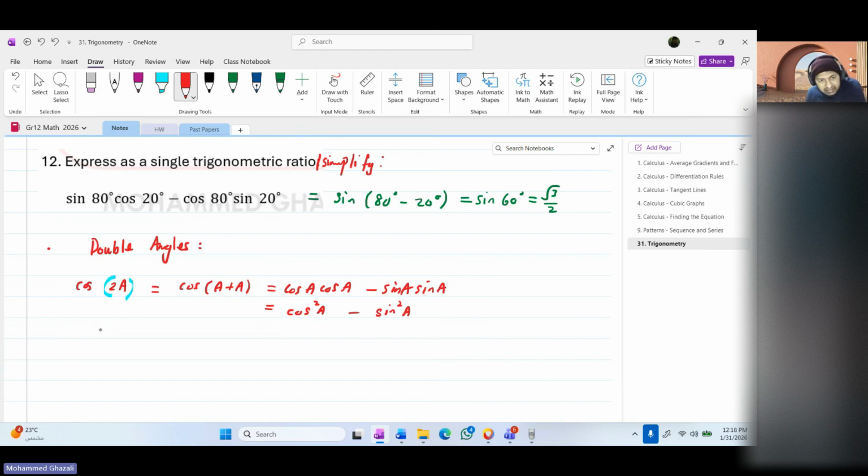So this implies cos of double angle is always cos squared A minus sine squared A. Now guess what? Let's substitute our identity in for sine squared A. So we can say sine squared A is equal to 1 minus cos squared A. So let's put that in here.